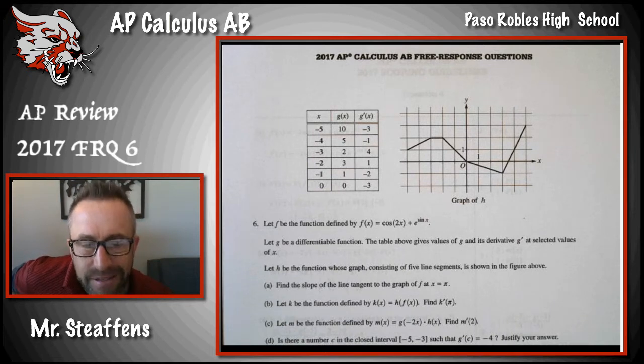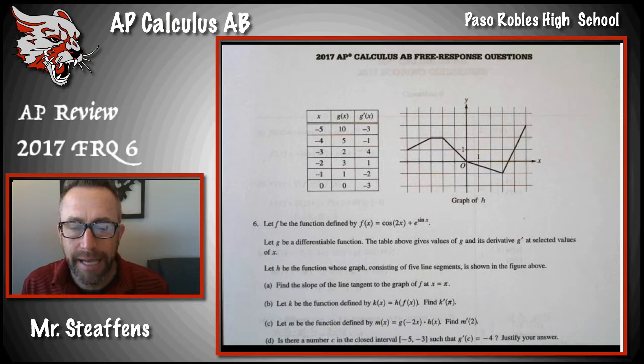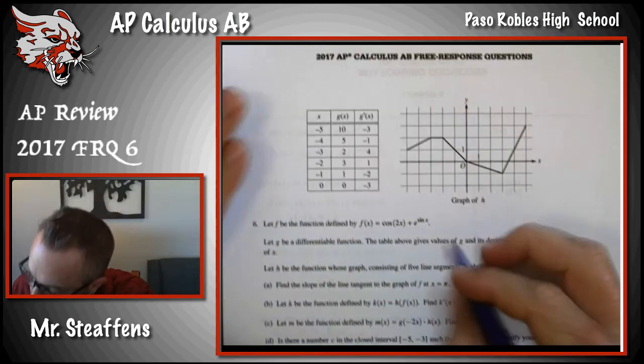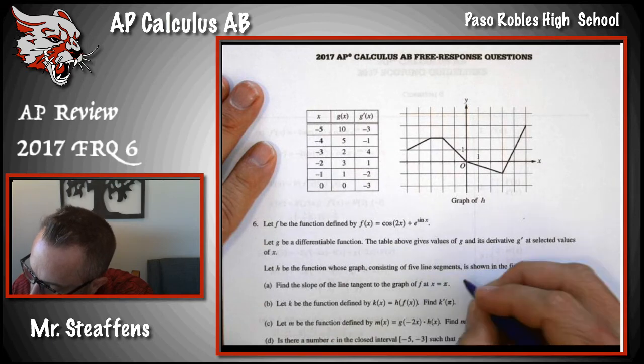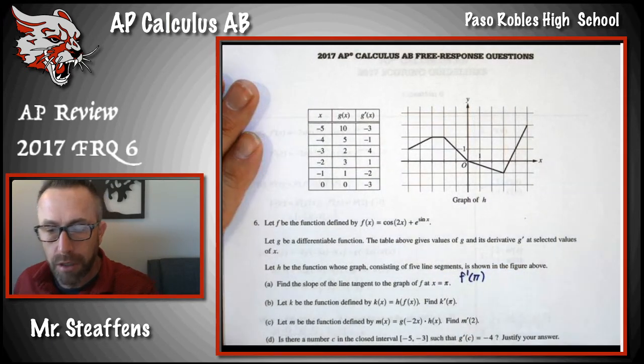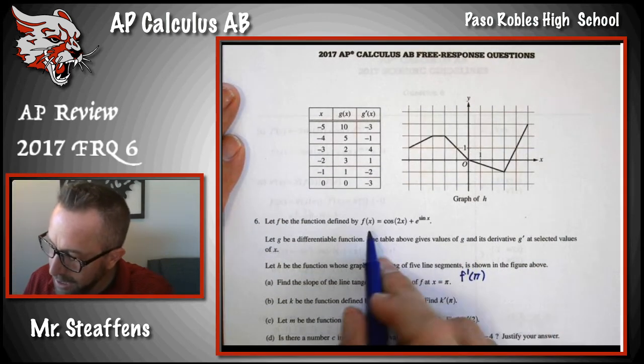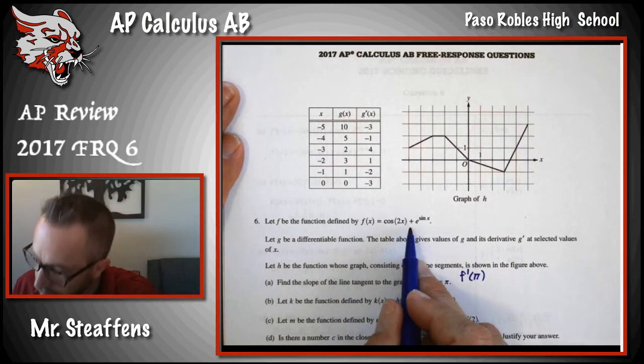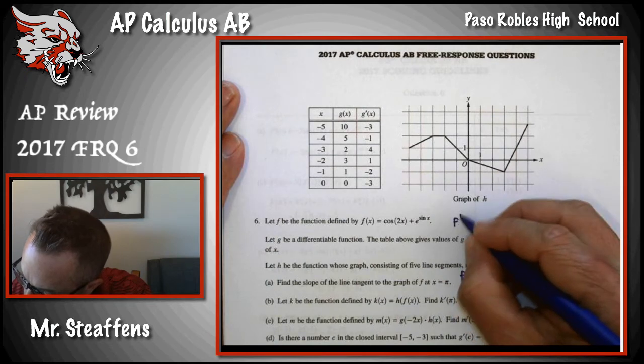Question A says, find the slope of the tangent line of the graph of f at x equals pi, which means I'm really going to look for f prime at pi. If they give me a function like f of x is this, and I need to find f prime, I'm just going to find the derivative of it.